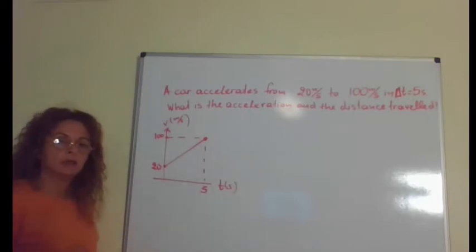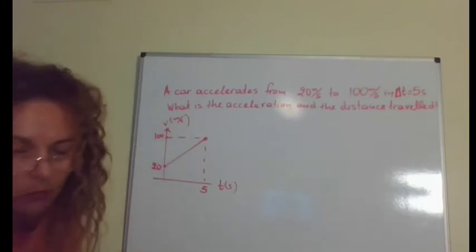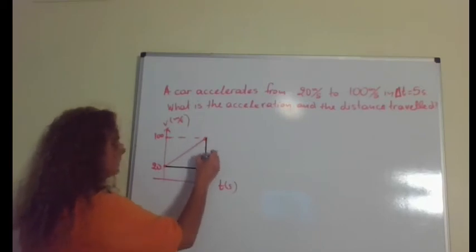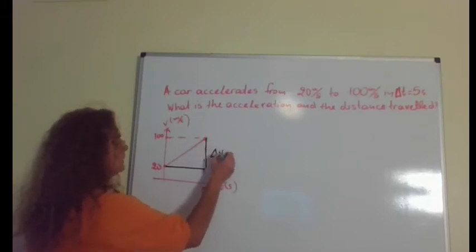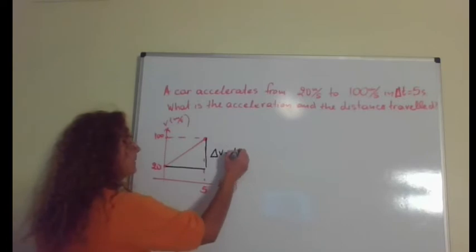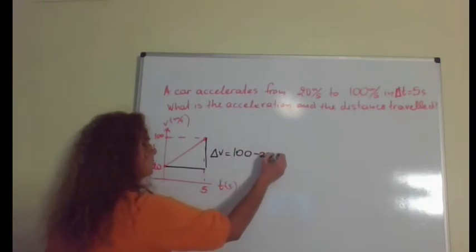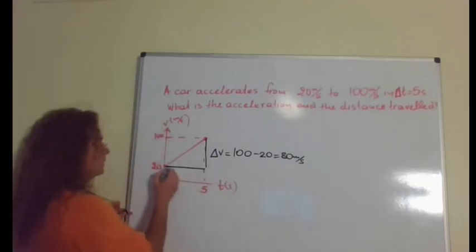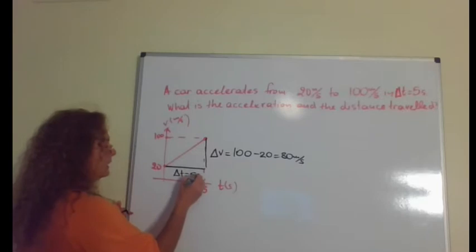What is the acceleration? The acceleration is the slope. So I need to do rise over run. So the rise, the change in velocity, is final minus initial, so it's 80 meters per second, while the run, the change in time, is 5 seconds.